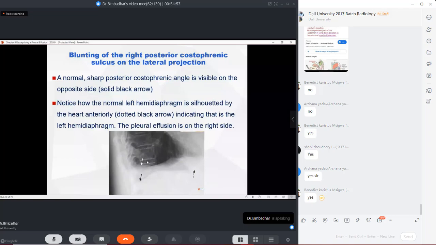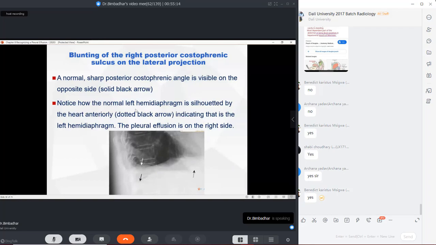Now you can also see that the normal left hemidiaphragm is silhouetted. So the silhouette sign is also applicable here, and you can say the effusion is on the right side.